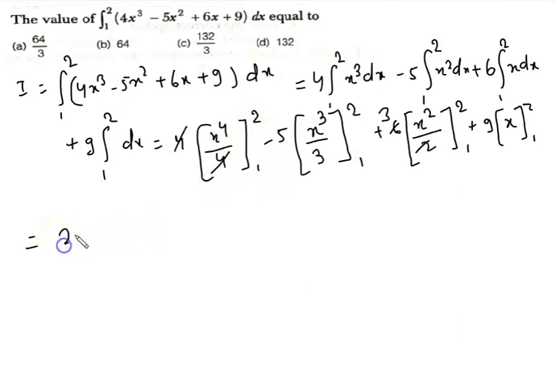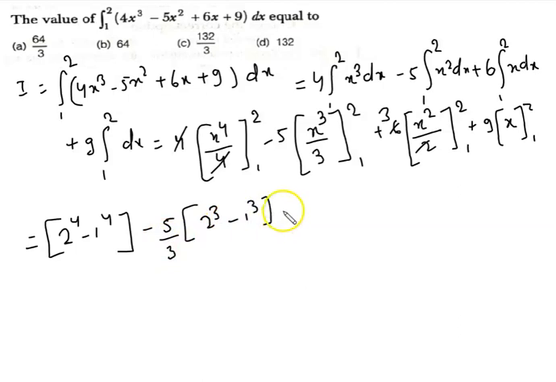So we can write 2 to the power 4 minus 1 to the power 4, minus 5 times 1 by 3 of 2 to the power 3 minus 1 to the power 3, plus 3 times 2 to the power 2 minus 1 to the power 2, plus 9 into 2 minus 1.